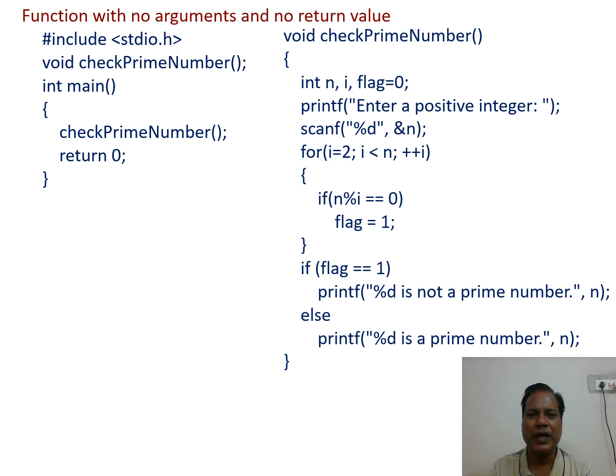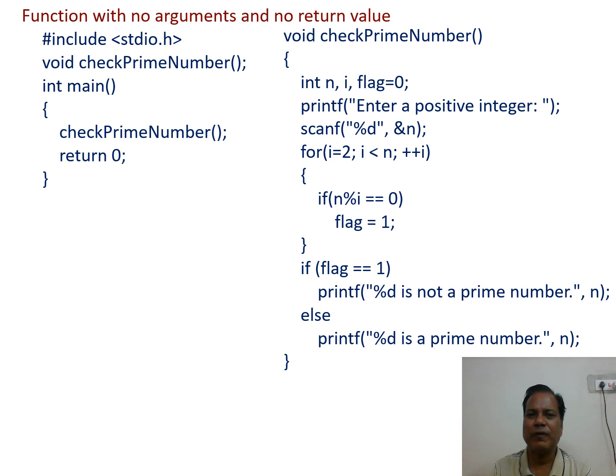Then next is the looping statement, the for loop: for i equal to 2 semicolon i less than n semicolon plus plus i. Here the initial value of the counter variable is set as 2, i less than n is the condition, and plus plus i just increments the value of i.